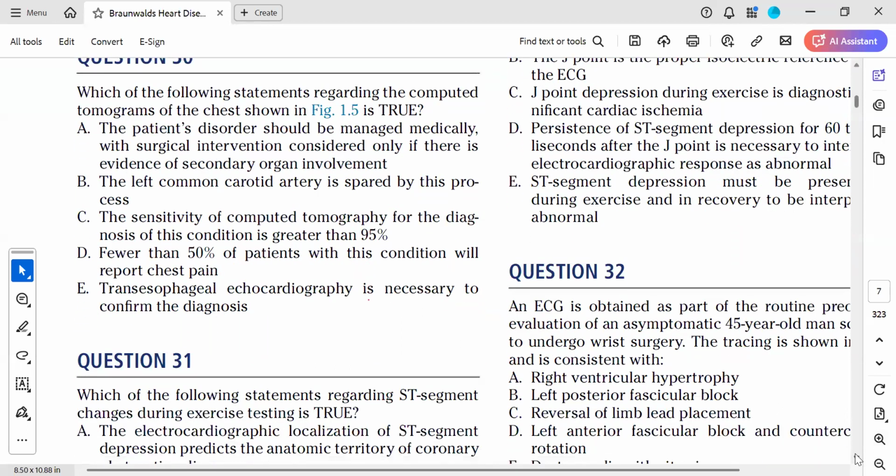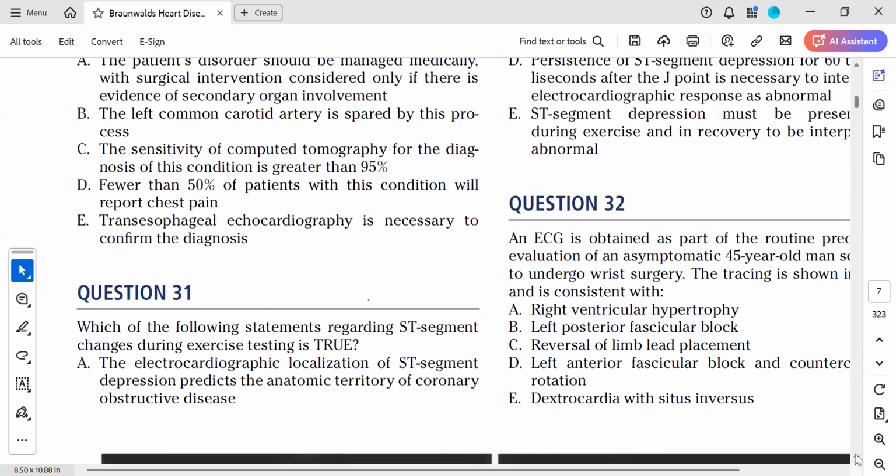Well, thank you very much for the time here. I would be taking question 31, and then I'll end in 35. It is a question talking about exercise tests, asking whether it's true or false.